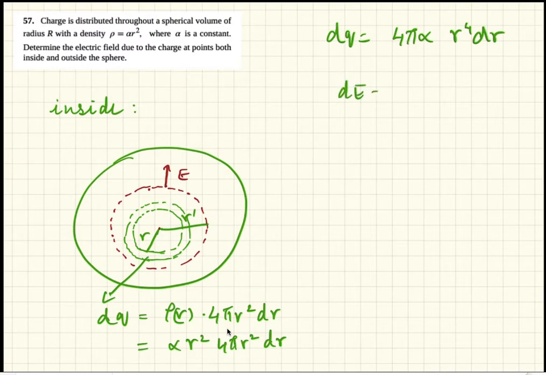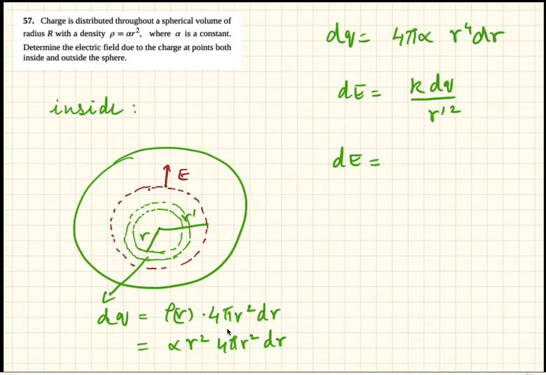And dE, the electric field at this point due to the shell. Remember, as long as the point is outside the shell, this shell acts as a point charge. So dE is just k dq by r prime squared. R prime is the distance to the location at which we are finding the electric field.